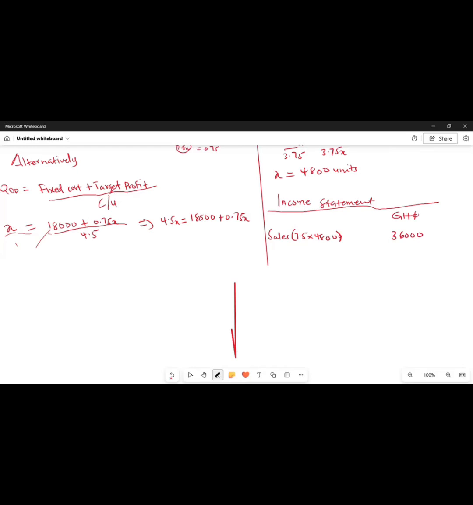And variable costs. It's also 3 by 4,800, which will give us 14,400. So we are going to get our contribution because sales minus our variable cost will give us our contribution.